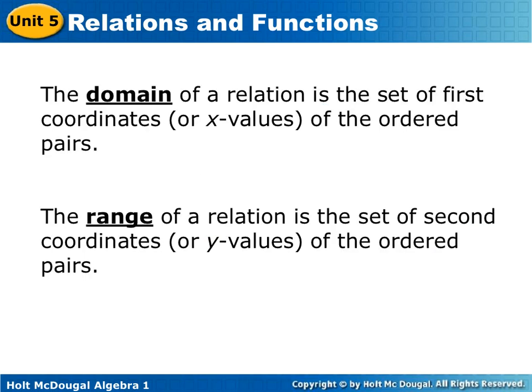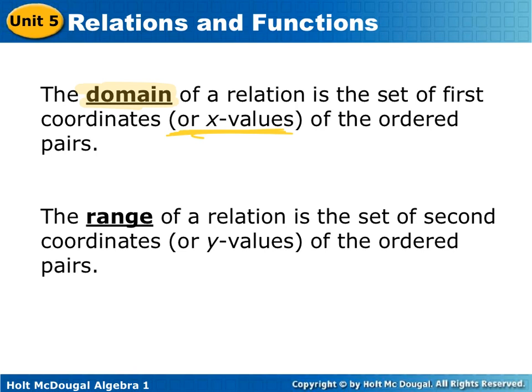Okay? All right. Now, let's talk about something with a function that you've always kind of heard about, but you've never probably dived too deep into. When you talk about the domain, the domain is the set of first coordinates, or, this is big, x values.